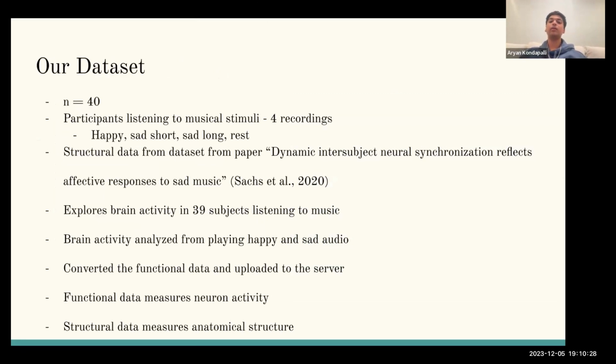And basically, it explores the brain activity in 39 subjects listening to music. 1 subject was ruled out because it was just an outlier. Brain activity, we analyzed it from playing happy and sad audio, and we converted the functional data and uploaded it through the ASDRP server. The functional data basically just measures neuron activity, while the structural measures anatomical structure.